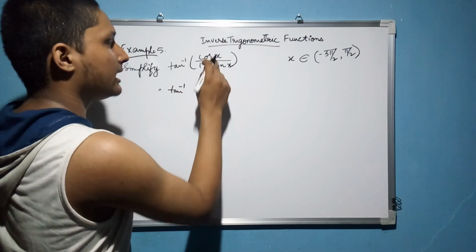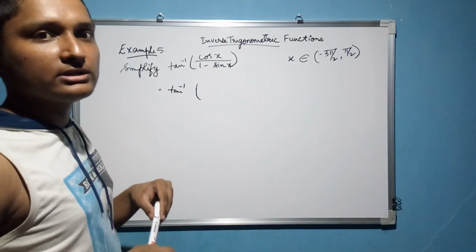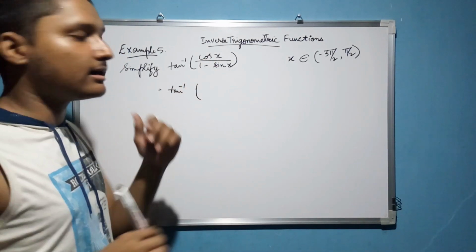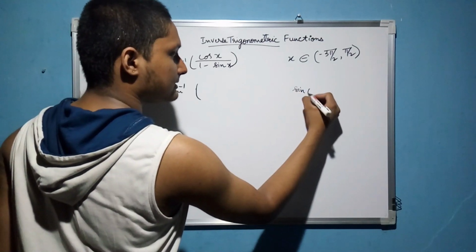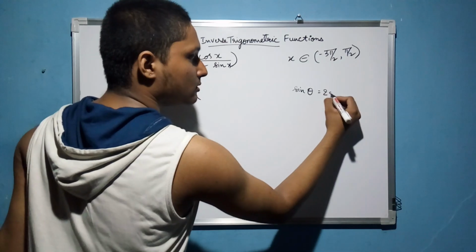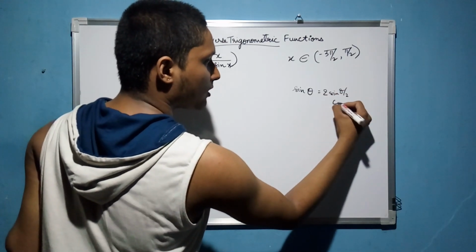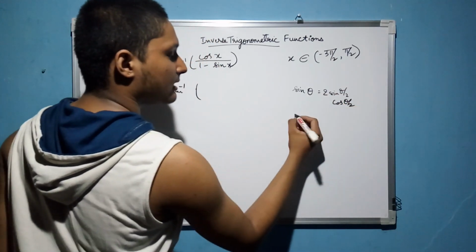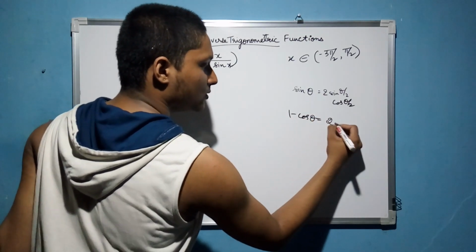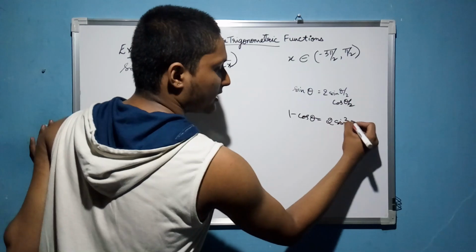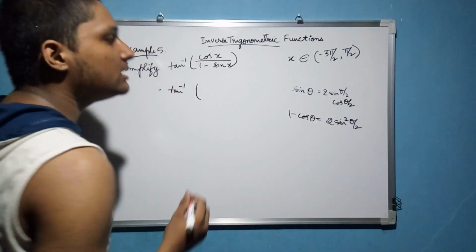For that I need to get sin theta and 1 minus cos theta, which are more simplifiable. Sin theta is equal to 2 sin theta by 2 cos theta by 2, and 1 minus cos theta is equal to 2 sin square theta by 2. Those are the things that can be substituted.